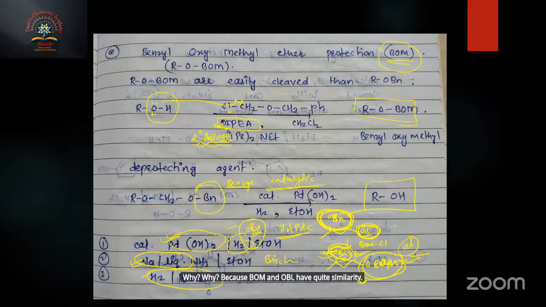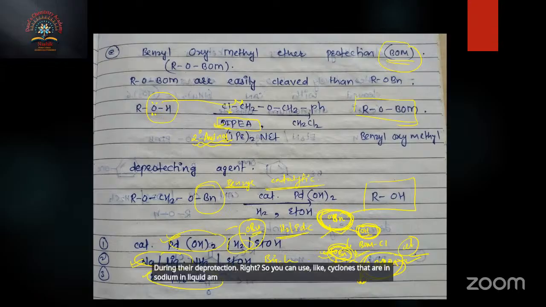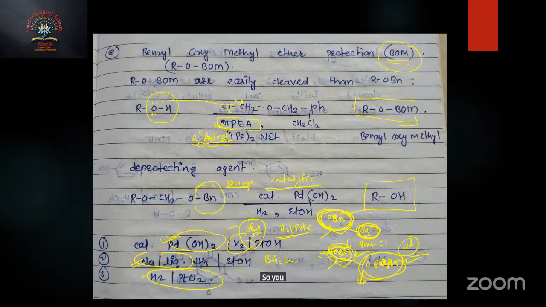You have to use selectivity during their deprotection, right? So you can use cyclohexadiene, sodium in liquid ammonia, but sodium in liquid ammonia is common to both of them. So you have to use cyclohexadiene at H2, Pd or H2, Pt. So it may help to deprotect this OBn group. Okay.